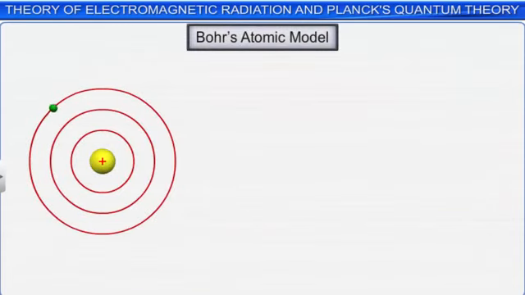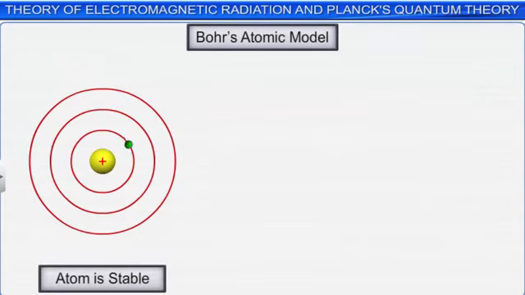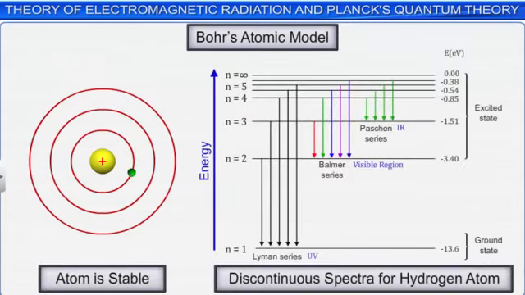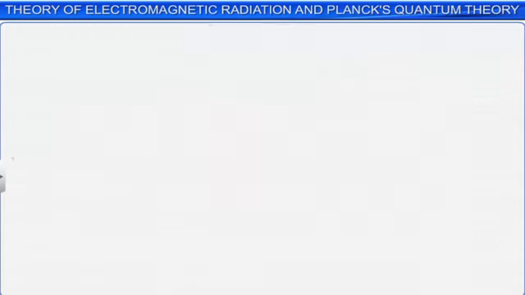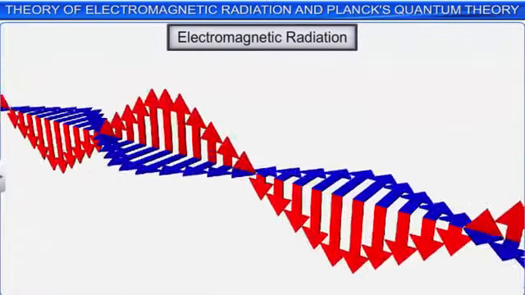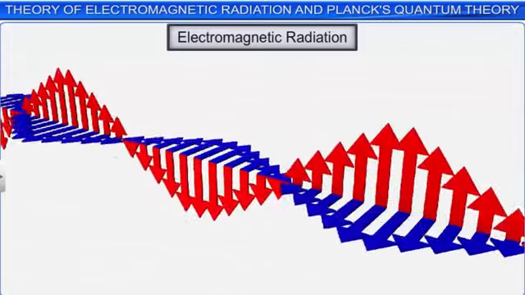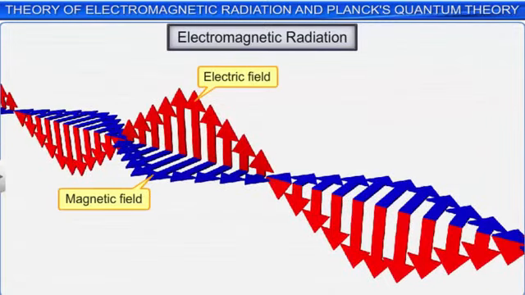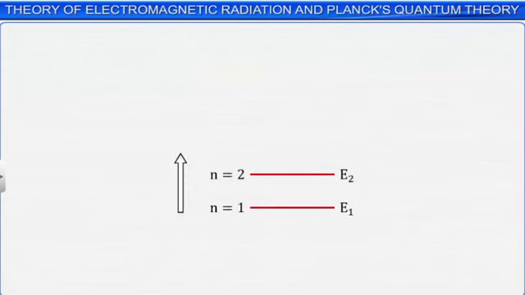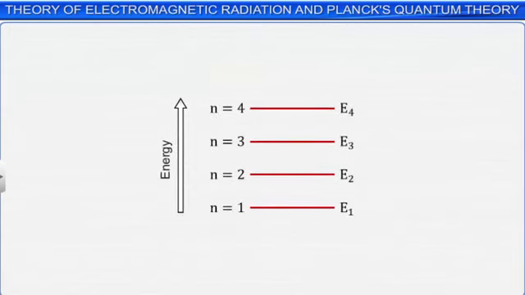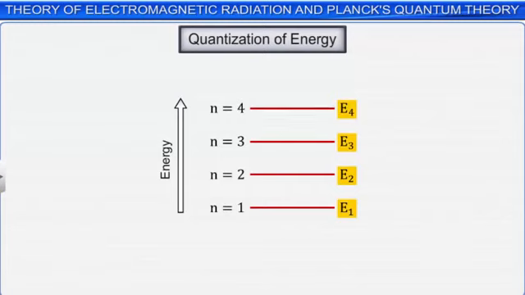Bohr's theory could successfully explain the stability of an atom as well as the discontinuous spectra for hydrogen atom. To understand the Bohr's atomic model, it is necessary to first acquaint ourselves with the nature of electromagnetic radiations. The underlying principle behind the Bohr's atomic model is the quantization of energy, which is explained in the latter part of our discussion.